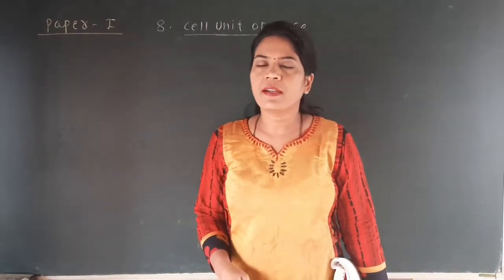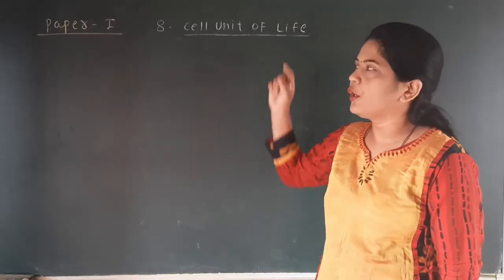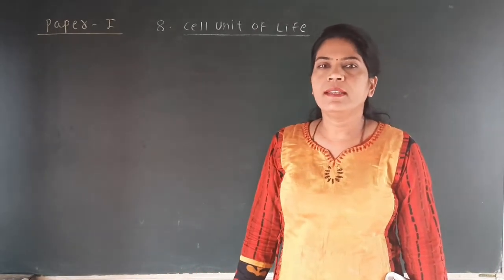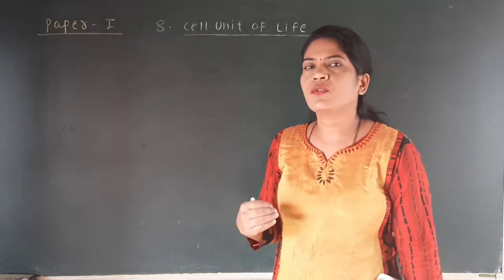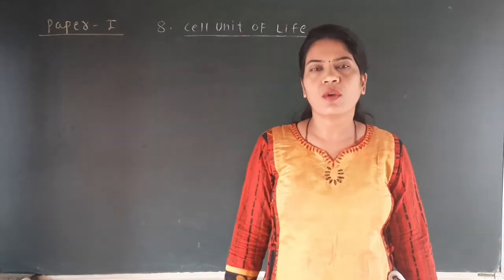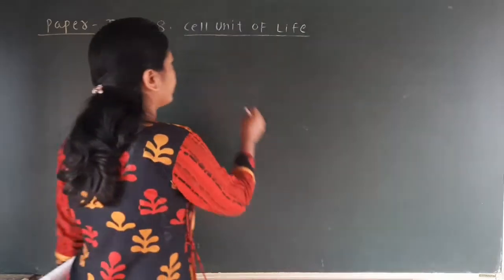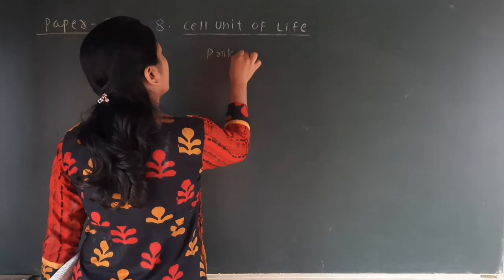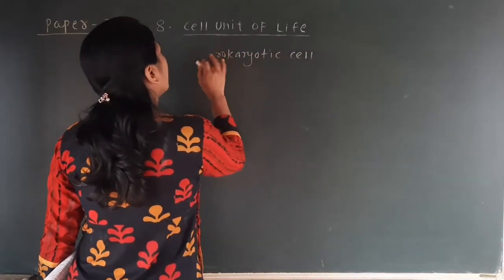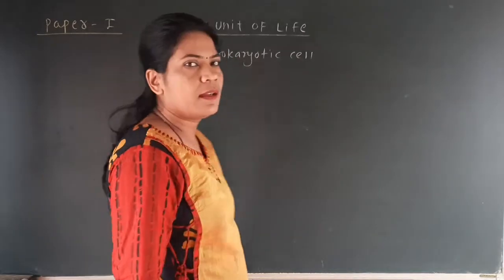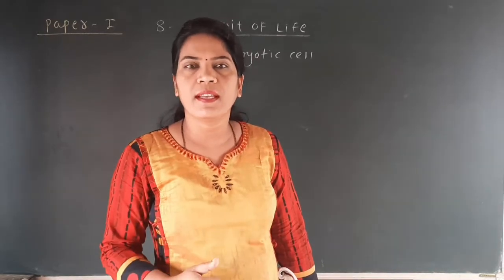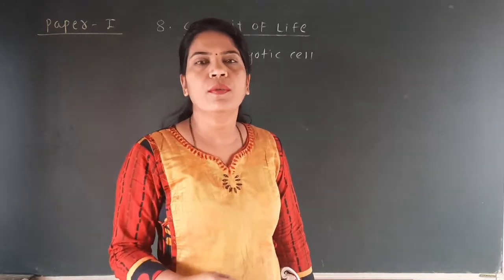We have started our topic Cell: The Unit of Life from Bio 1, and in our previous lecture we have seen the structure of the prokaryotic cell. In this prokaryotic cell, we have discussed some important points: it has a very primitive nucleus.